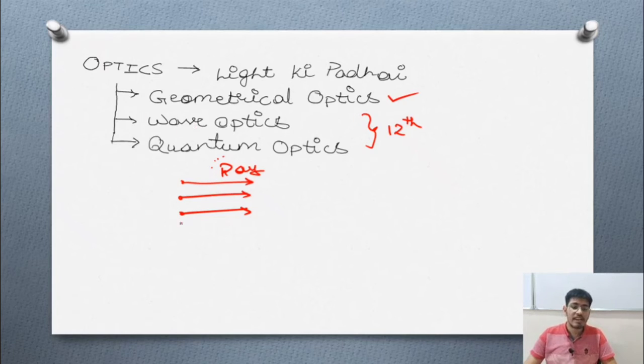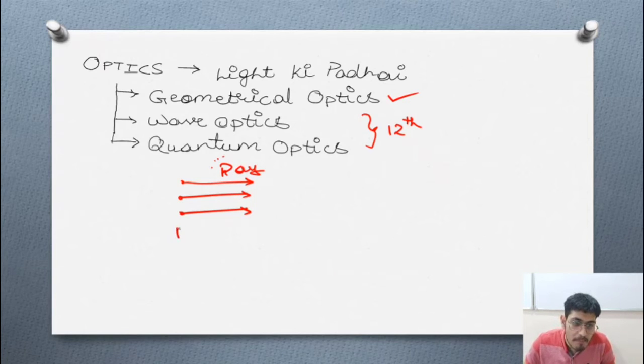If we are treating light as a wave, but how can we treat light as a wave? We don't know it. You can say that we can't consider light as a wave, but just tell me: if we are dealing with geometrical optics, it means light is traveling in the form of a ray, in a straight line. But for the light to travel, what do we need?